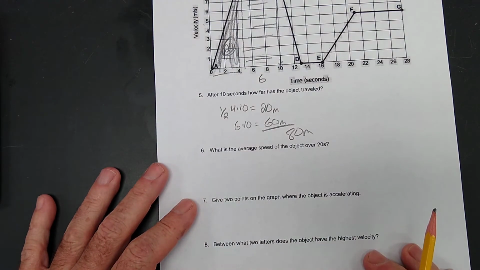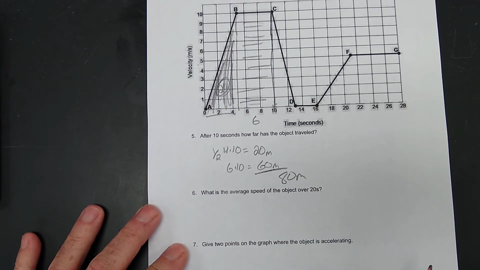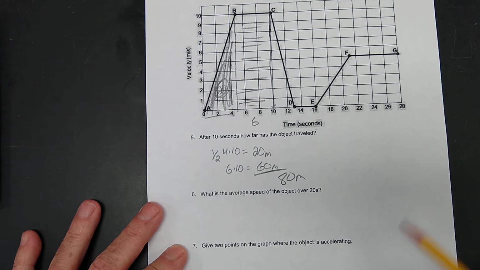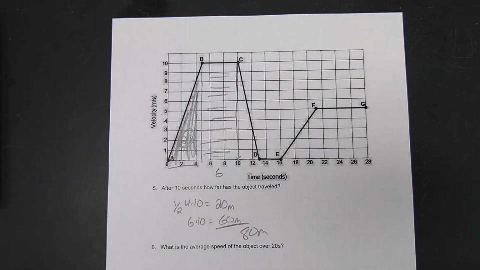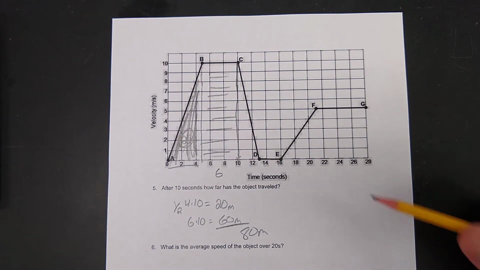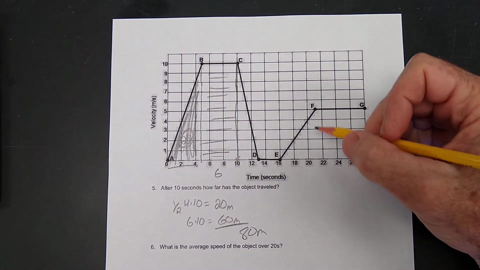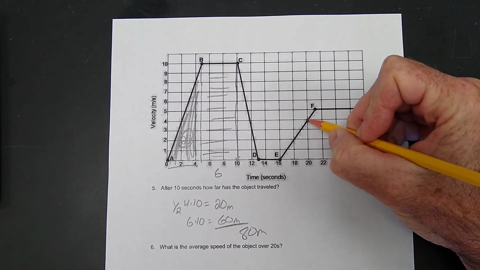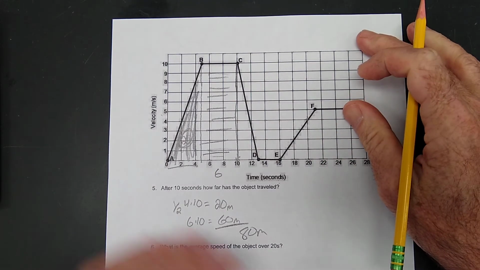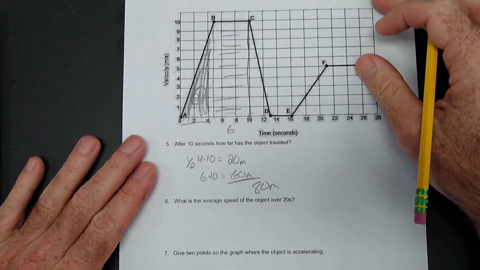What's the average speed of the object over 20 seconds? Okay, that is a hard one, and I'm going to let you think about that one. What is the average speed of the object over 20 seconds? So here's 20 seconds right here. What's the average speed, the average velocity? Okay, now here's how you can do that.